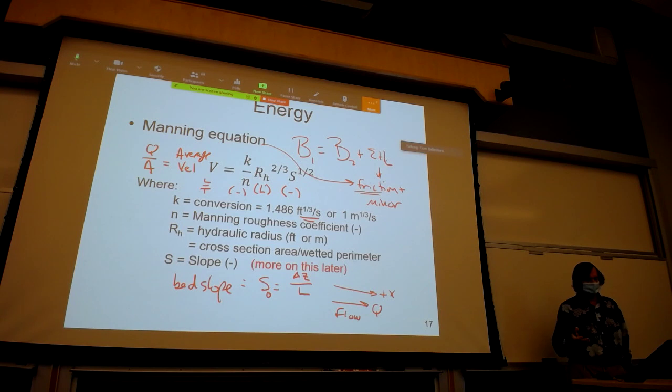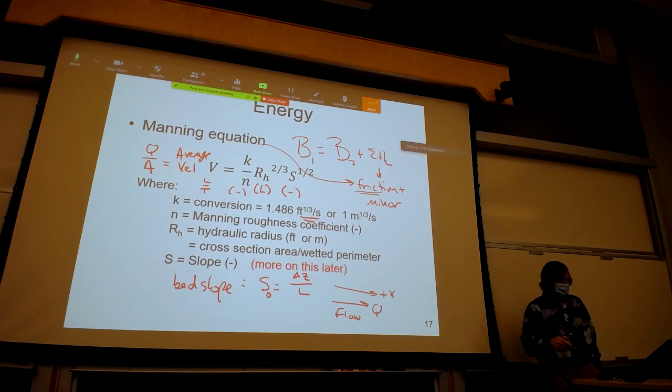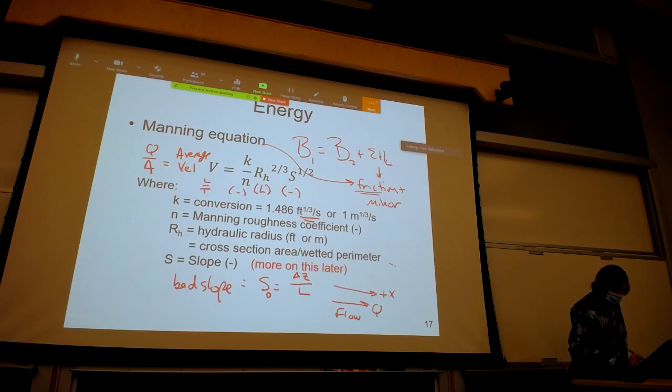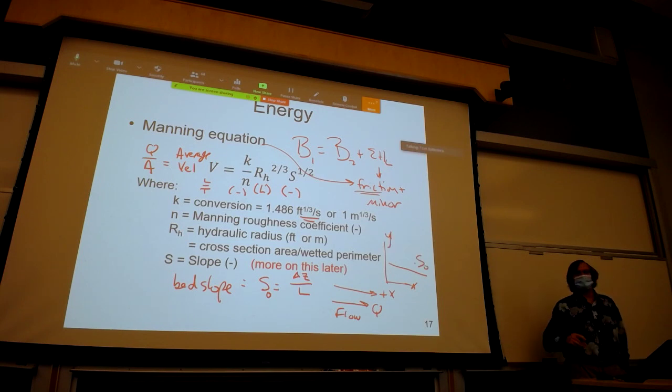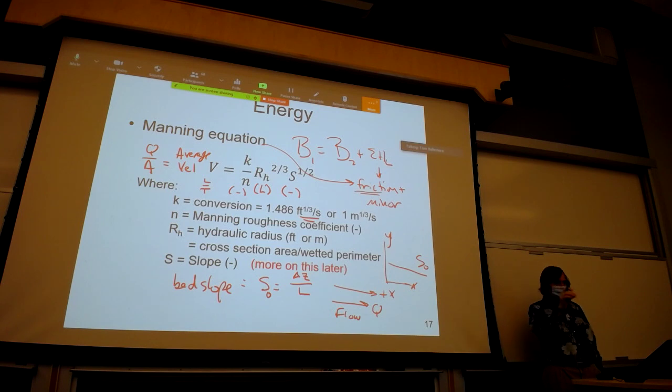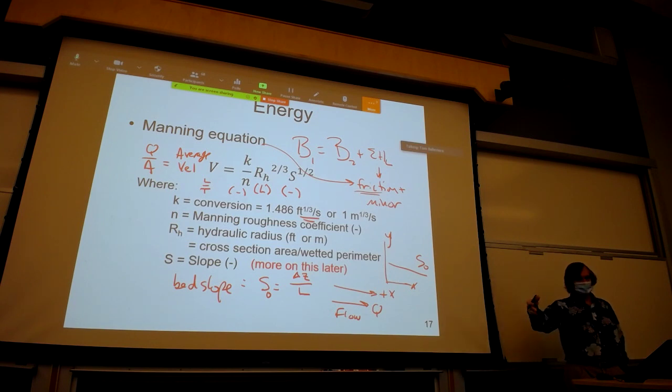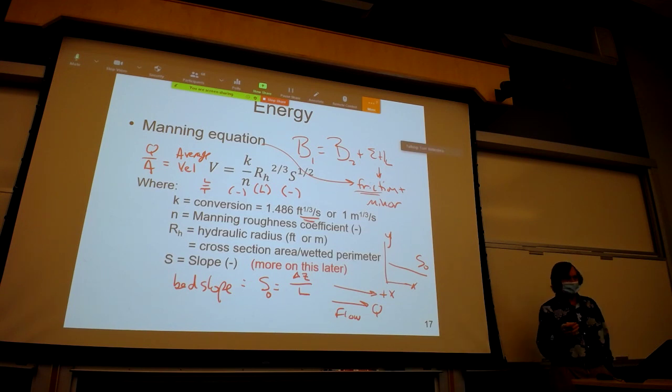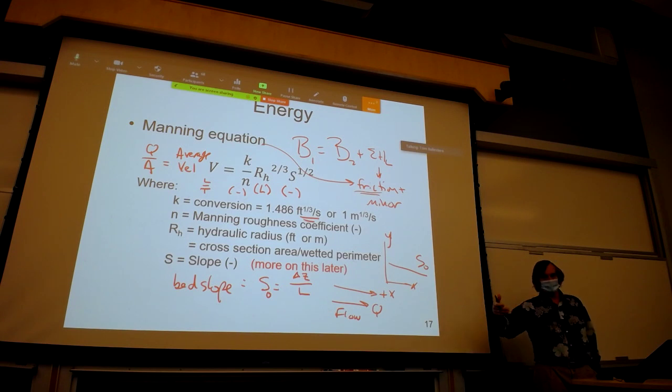And so delta Z, or dz/dx, where L represents dx, should be a negative number. So if this is your stream bed, and this is the x and this is the y direction, that bed slope should be a negative number. However, by convention, a slope like this in open channel flow parlance is just a positive number. When someone says you have a 2% slope, it is decreasing in the direction of flow 2 feet for every 100 feet you go.